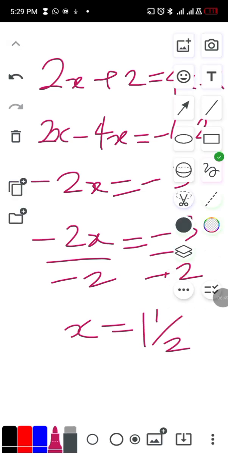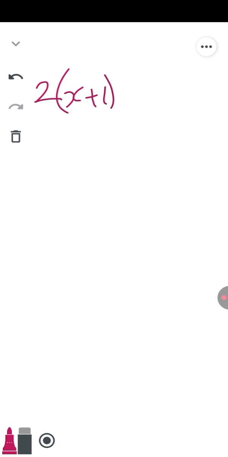What if I have another one? Let's say I have 2 into x plus 1 minus 3 into x plus 2 is equal to 5. Okay, so what do I do? First thing first, you open the bracket, right? Aha, that's what you do first.